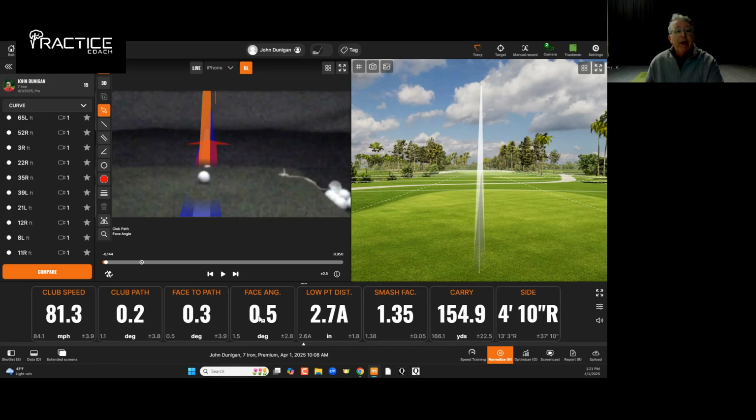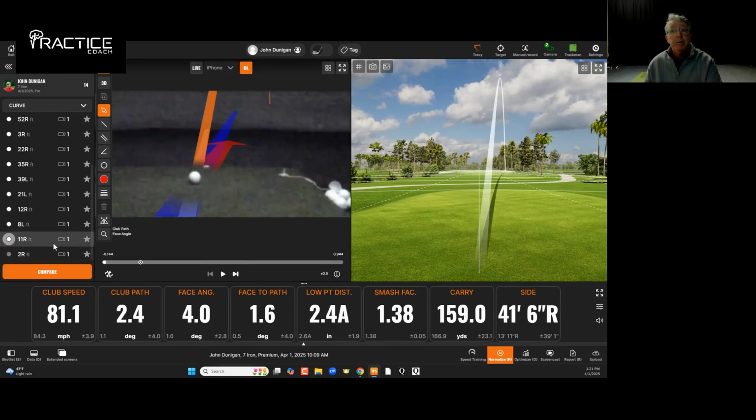So the face to path had very little, if any, difference. And this golf ball flew just about dead straight because of that club delivery. No difference between the face and path, no curve. Big difference, big curve. Let me illustrate for you.